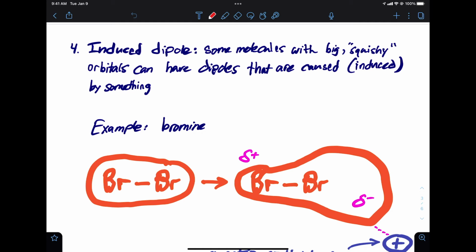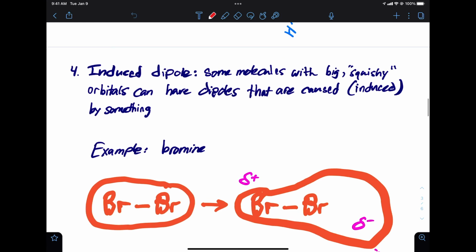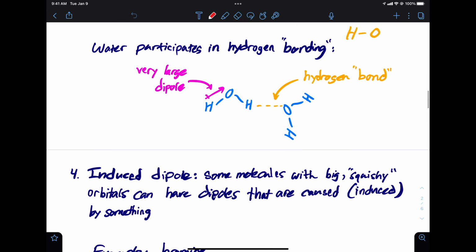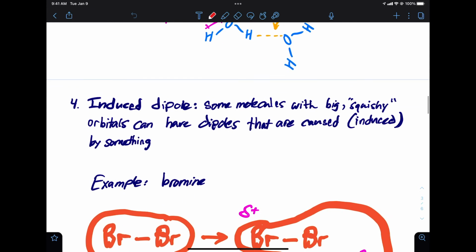Okay, so as this might suggest, as opposed to a dipole being permanent, as in the case of the bond dipole on water, okay, the bond dipole on water is permanent. Oxygen is always more electronegative, hydrogen is always less electronegative, and so there will always be an asymmetry in charge in that dipole. Okay, but an induced dipole is a little bit different.